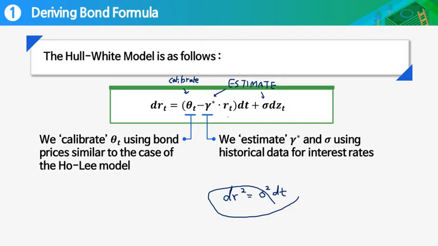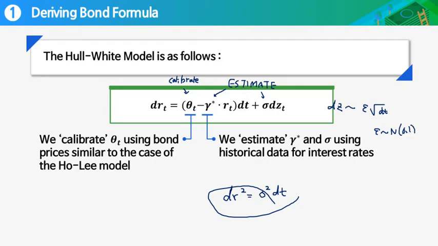First, again, same. dz is the same distribution, epsilon root dt, and again, epsilon is a standard normal distribution.